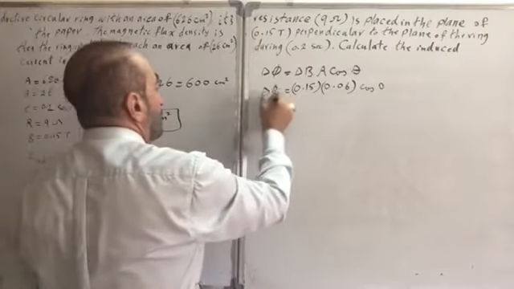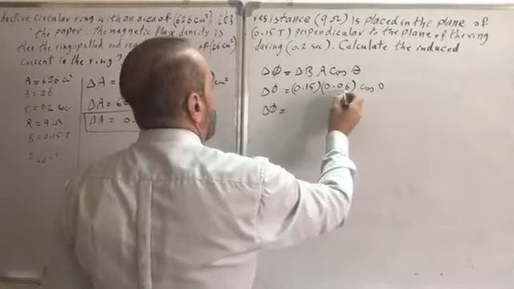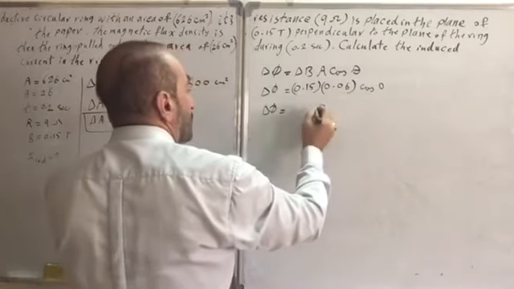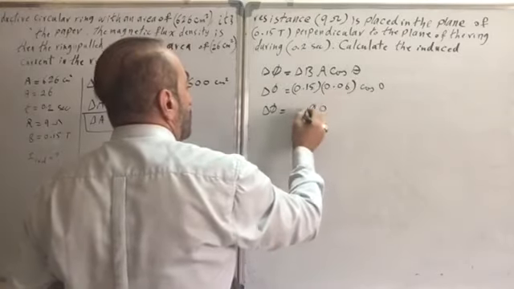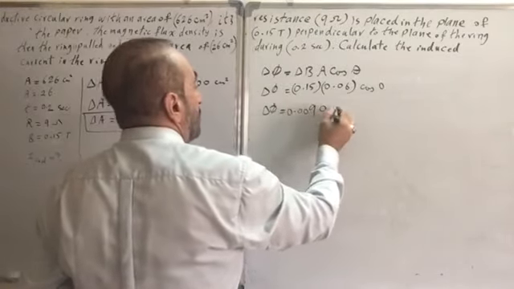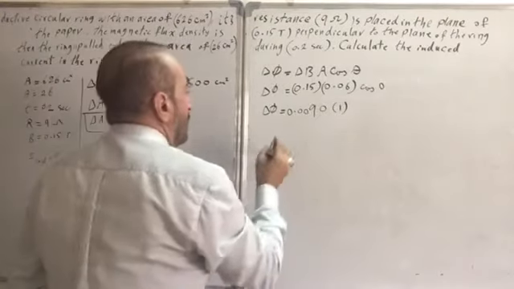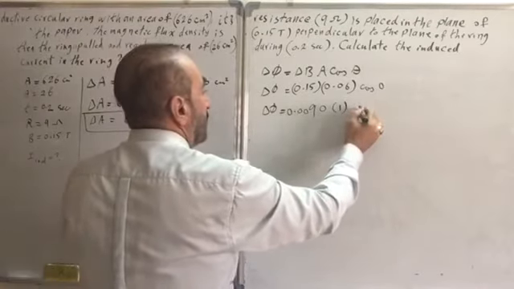Delta phi equal 0.009. Cosine 0 is 1. Delta phi unit is Weber.